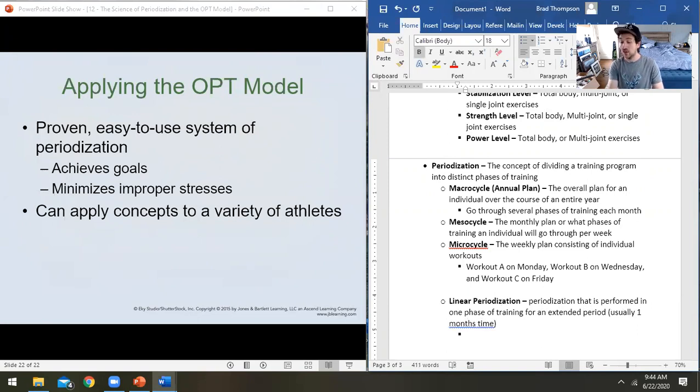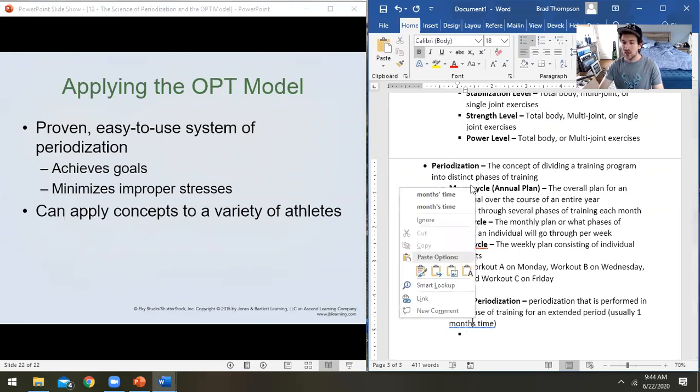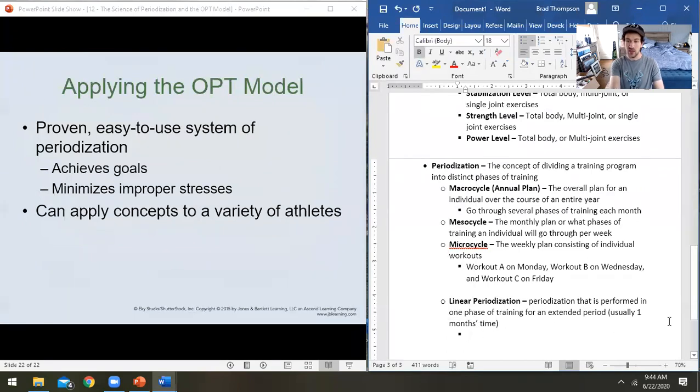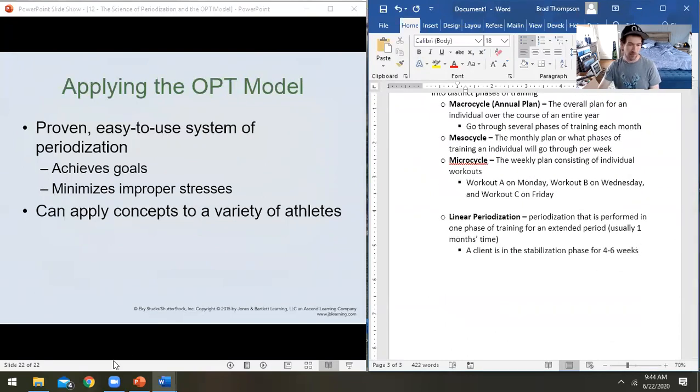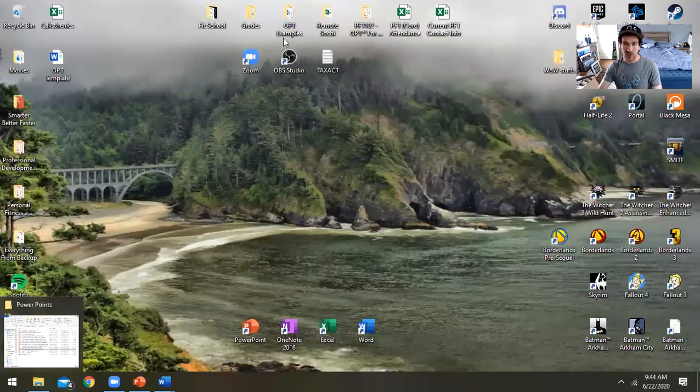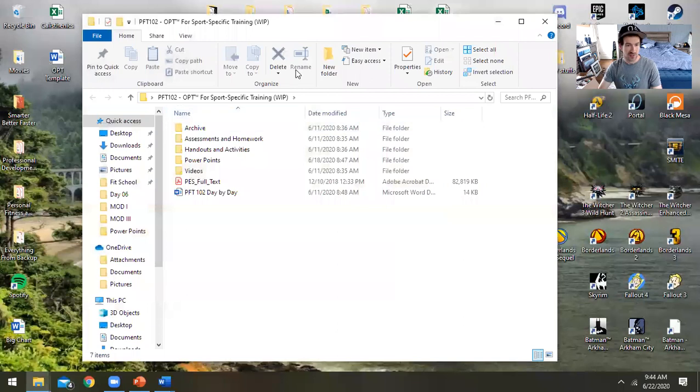Our example would be you have a client who is in the stabilization phase for 4 to 6 weeks, right? That's an example. All right, so what I want to do here is actually show you guys a small example of this.